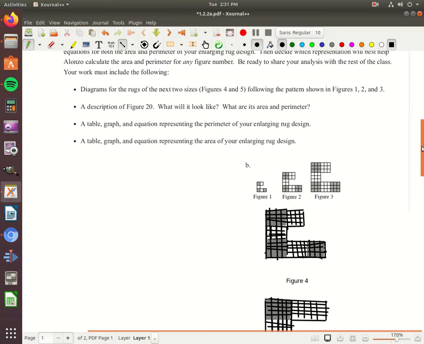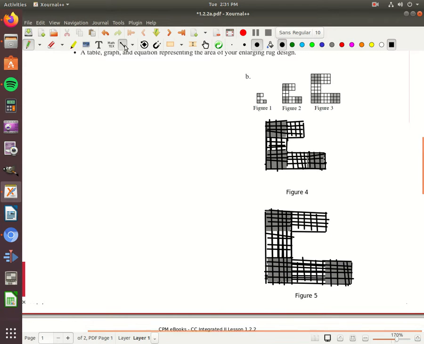All right, so what would figure 20 look like? Well, figure 20, we don't actually need to do this again, thank goodness, but I think just a quick description of figure 20 would work.